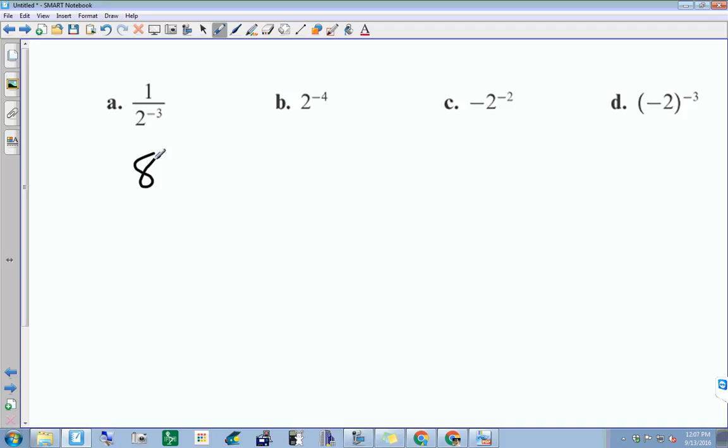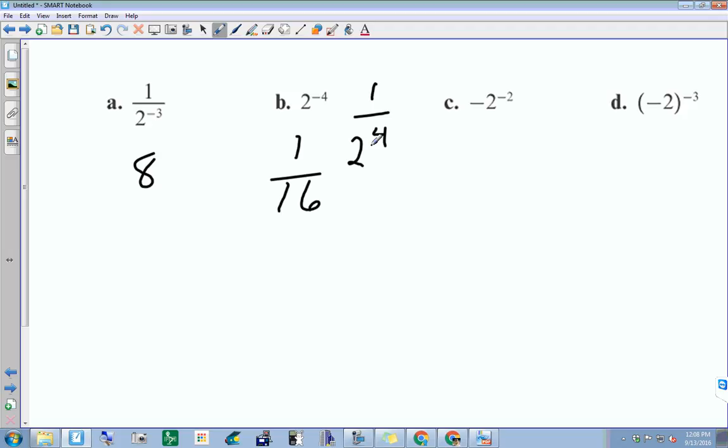Okay, let's try B. So we've got, Eli, what do we got? Got 16. Would it be 1 over 16? 1 over 16, because we got the negative here, so that means it's going to have to go 1 over 2 to the 4th power. Okay, so watch those negatives.